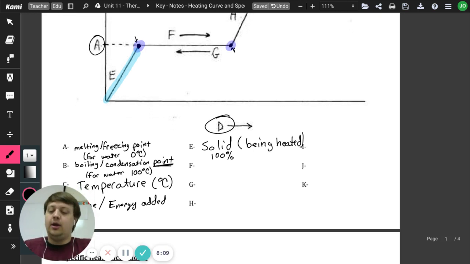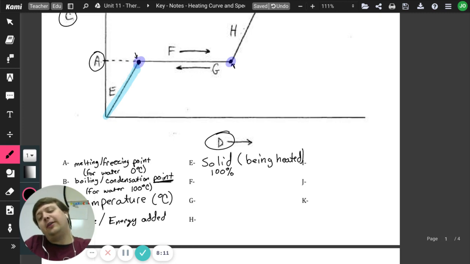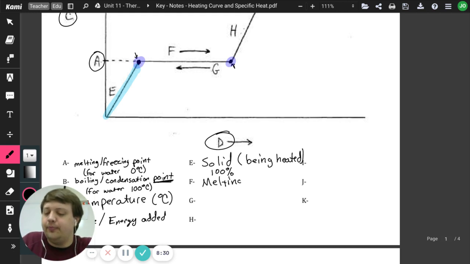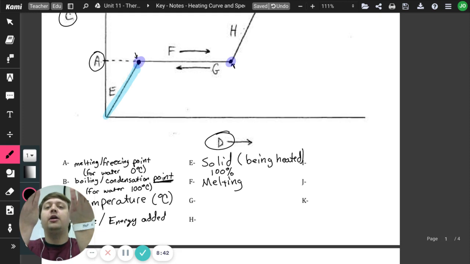All right? Next is F. Now, if you look at this, it does have a direction. F is going from the left to the right, from the solid to whatever is going on here at H. So if I'm going from solid to whatever's going on at H, that would be what we call melting. Now, in melting, it is not going to be 100% a state of matter. Why? Because when we're melting, with water, we're going to convert from a solid to a liquid.